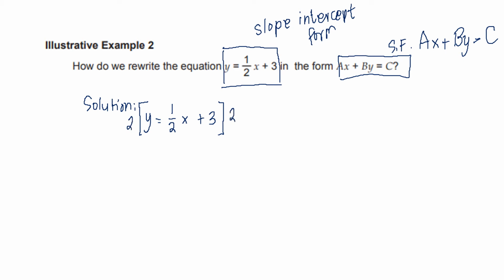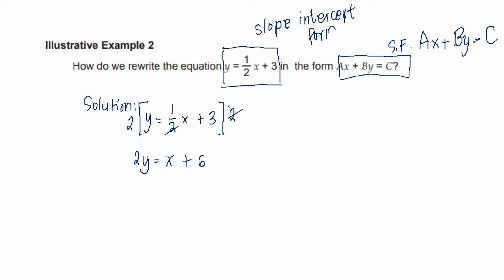Okay? So if I multiply it by 2, I can cancel 2 here and then 2 on the right side. And then 2 and y will multiply. So I will have 2y is equal to, for this expression 1/2 x, what will remain is simply x, because I canceled 2 already, plus 3 times 2, which is 6.